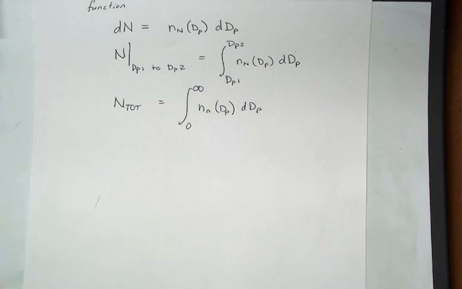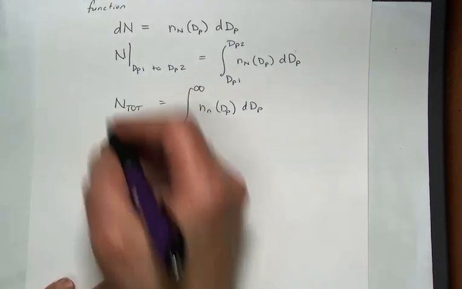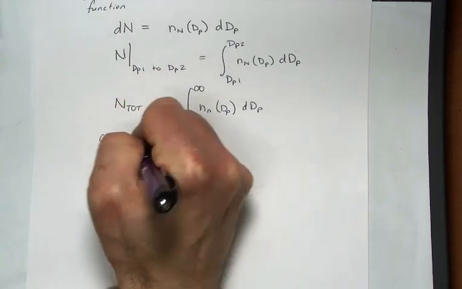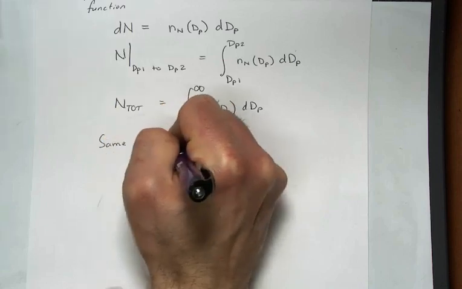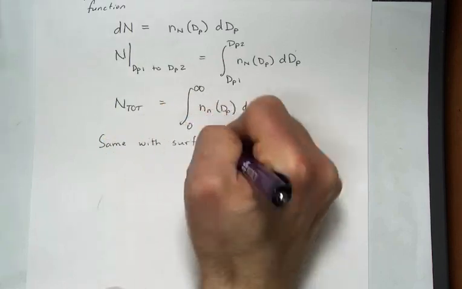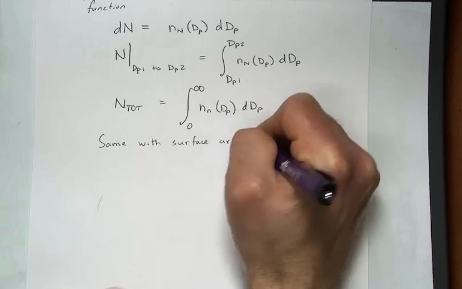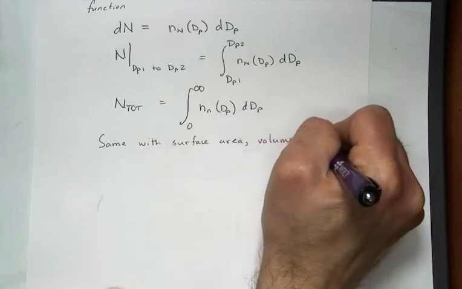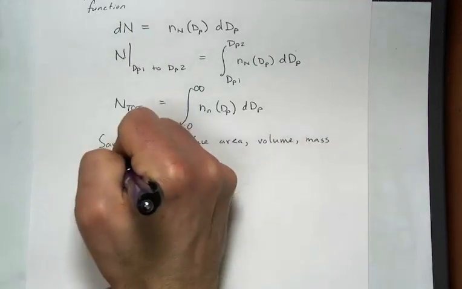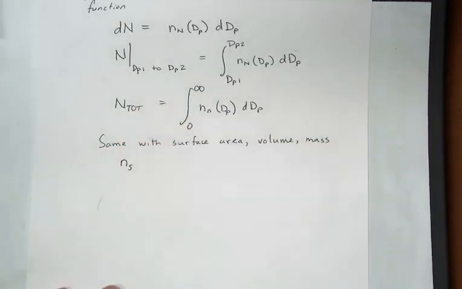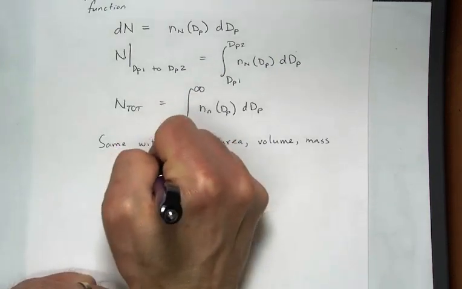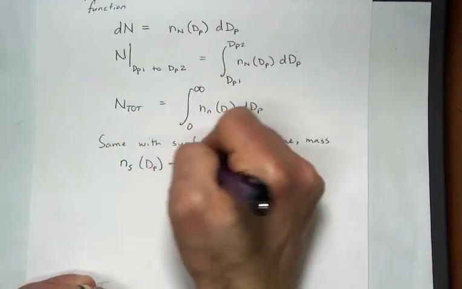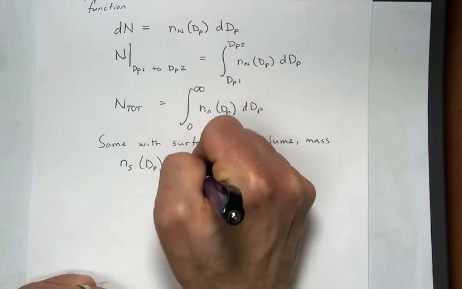This is all based on particle number. We could do the same with surface area or volume or mass. And you could say, okay, the surface distribution function as a function of particle size is defined as dS ddp.